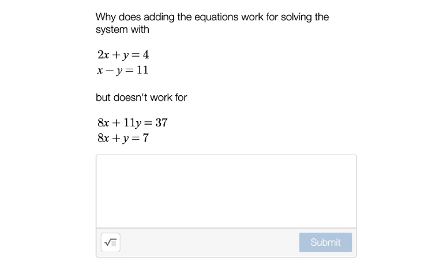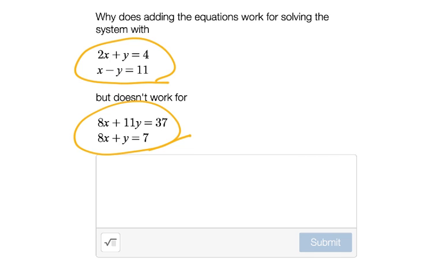So why did it work for the first one, but not for the second? Why does adding the equations work for solving this system, but it didn't work for this one? So I'd like you to think about that. What were we able to do?